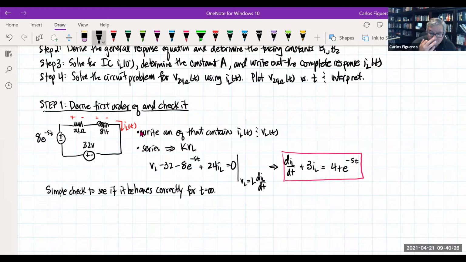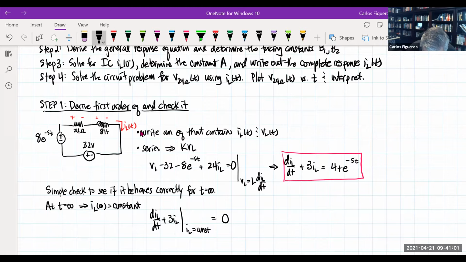What you're seeing here is that I know that at steady state, at t equal to infinity, the inductor current must equal a constant. So when I look at this, I'm going to have di dt plus 3IL, and I'm going to say that I is going to be a constant. That constant is, of course, going to be 0 when I take the derivative of it. Then I'm going to get 3 times a constant.